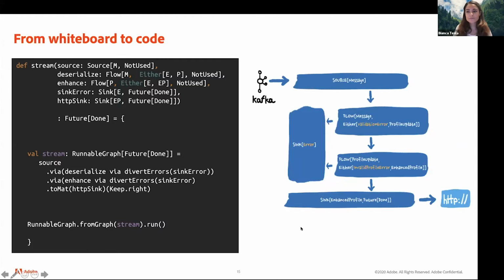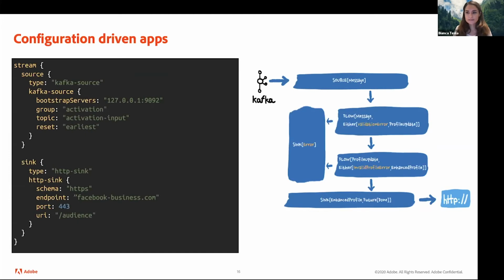So to do that, we've designed our applications to be configuration driven. Because at the end of the day, using a Kafka source or an SQS source or whatnot, or a different sink, could be as easy as just changing a configuration value, and then just leveraging a common SDK that our team would maintain and enhance by using Alpakka connectors, also setting up some generic metrics, and so on.